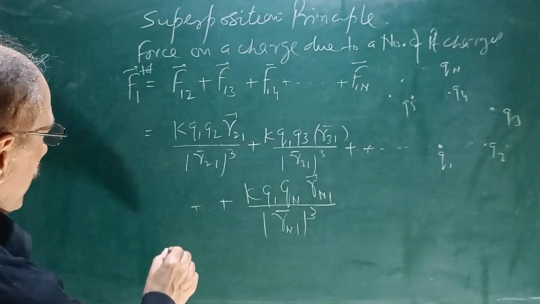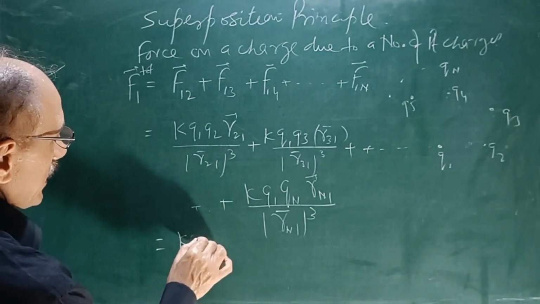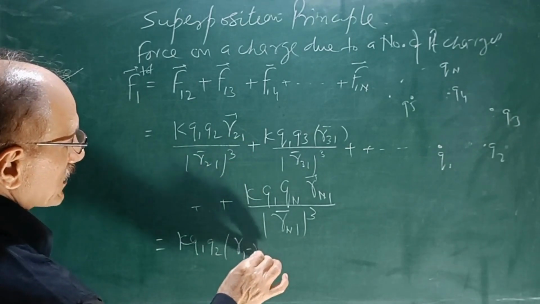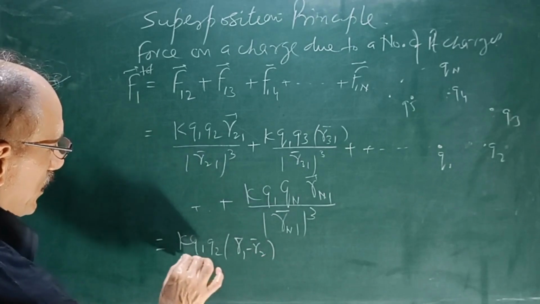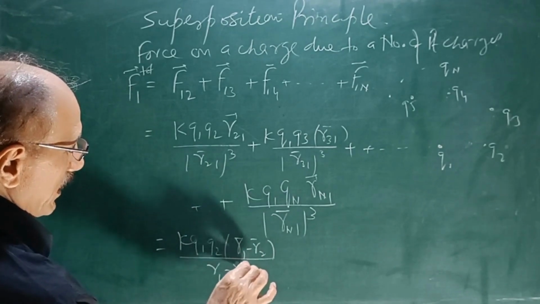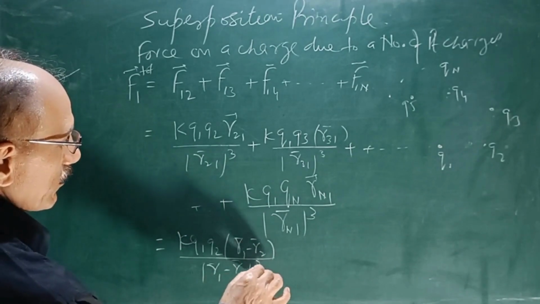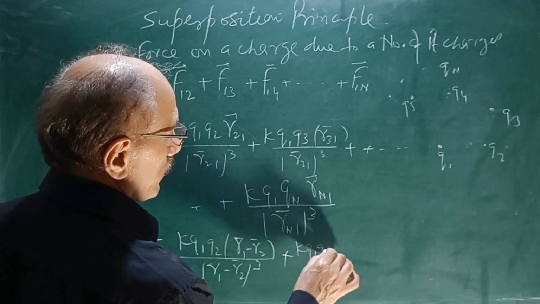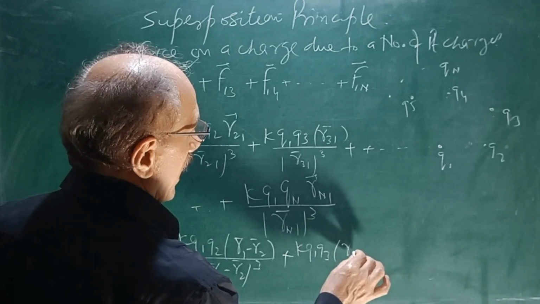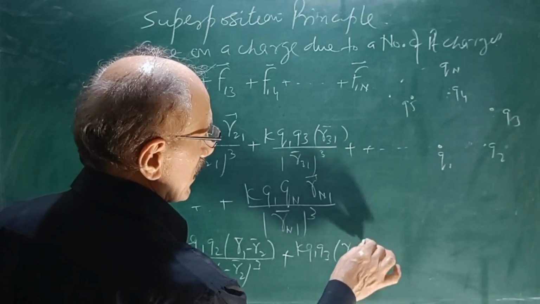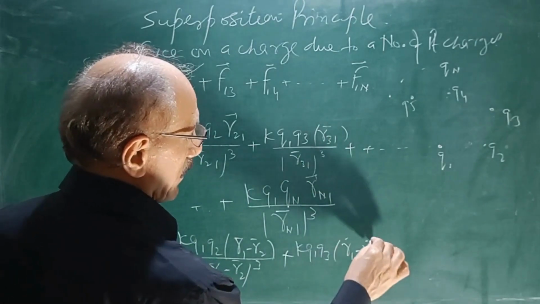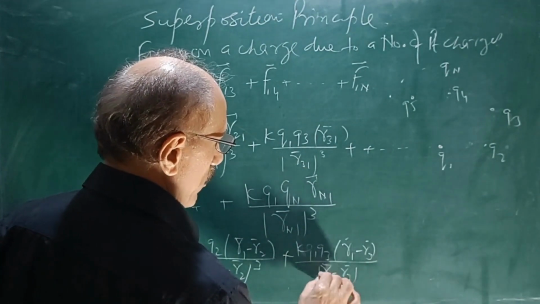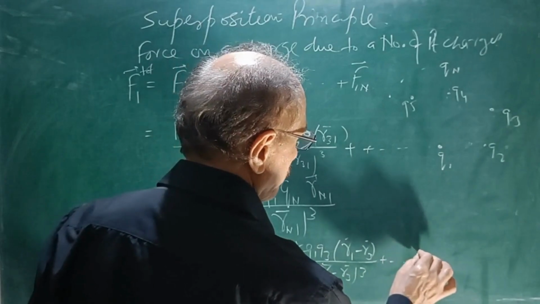So we can write it as K Q1 Q2, where R21 is tip minus tail, R1 minus R2, upon modulus of the vector R1 minus R2 cubed. Similarly, K Q1 Q3 and R1 minus R3, where R31 is tip minus tail, upon modulus of R1 minus R3 cubed, plus so on.